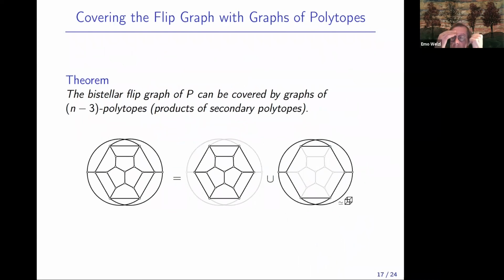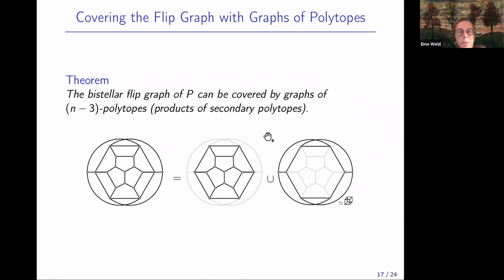Given the way I tried to sell to you the proof and the fact that there's this secondary polytope, the question is, how far away is the bistellar flip graph from a polytope? That depends on how you look at this.